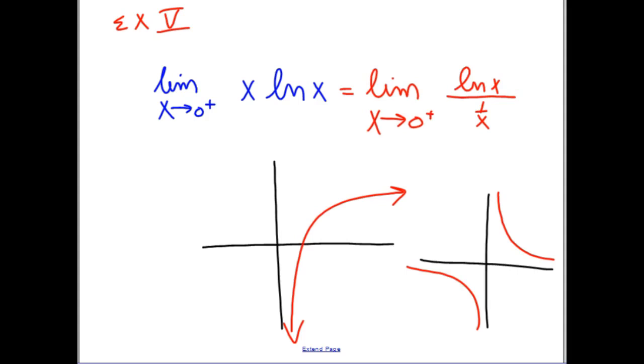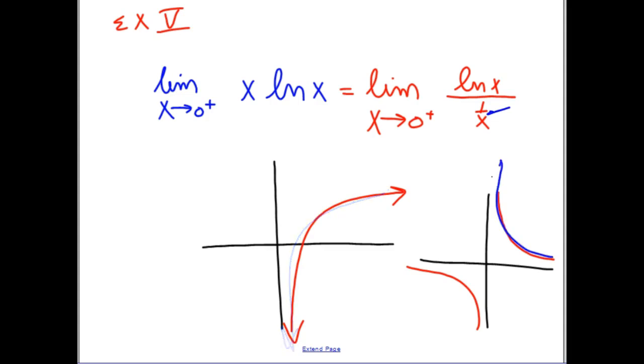But when I think of x as dividing by 1 over x, and now plug in 0, as I get closer and closer to 0 from the right, natural log goes to negative infinity, and this goes to positive infinity as x goes to 0.